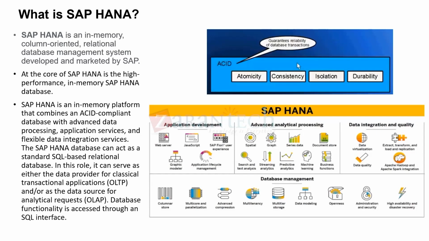Okay, so now what is SAP HANA? SAP HANA is an in-memory, column-oriented relational database management system. Okay, these are the two things. If you can understand these two things, I think you would have understood 80% of the HANA database itself. Just two things: one is that it's in-memory, and the second is that it's column-oriented. Obviously, the database has to be qualified as a fully powerful database, so it has to be a relational database.